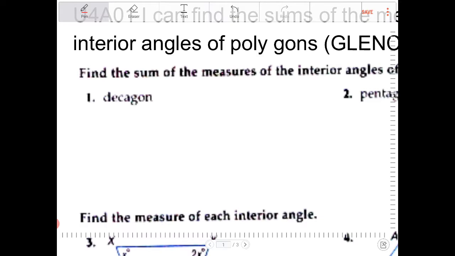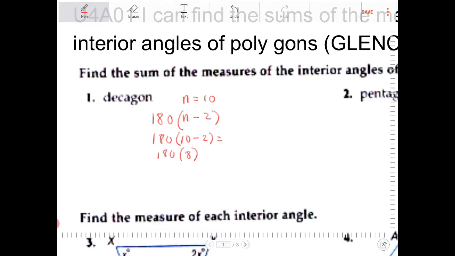If I take the number of sides, for a decagon I know that there are 10 sides here, all I have to do is multiply 180 by n minus 2. So in this case, because n is equal to 10, it's 180 times 10 minus 2, which is 180 times 8.